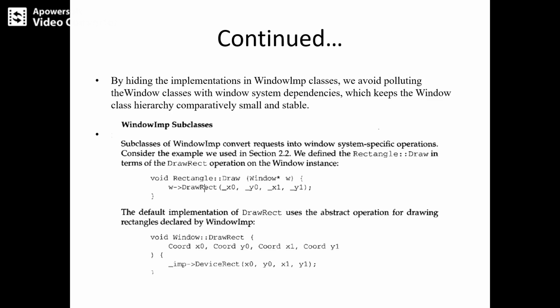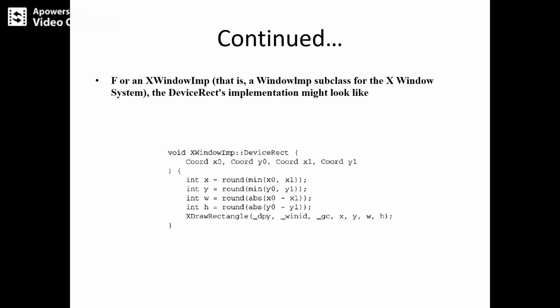This is how we need to implement window IMP subclasses. For example, for the X window, the window IMP subclass for the X window system, device rectangle might look like this in code: void X window device rectangle with coordinates x0, y0, x1, y1.